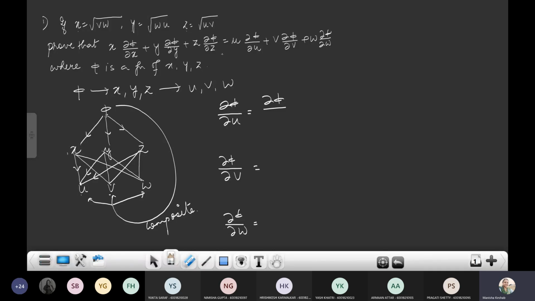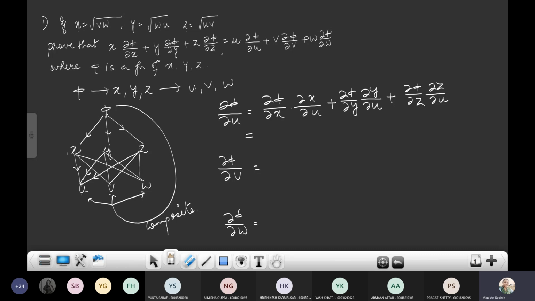So everywhere it will be partial derivative. So del phi del x and then x with respect to u, so it will be del x del u, plus. Next, to reach u, we also have phi, y, and then y to u. So it will be del phi del y and then del y del u, plus del phi del z and then del z del u. So I hope this is clear.